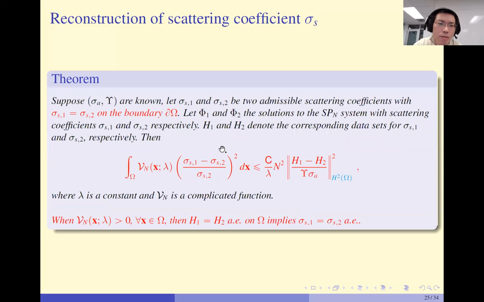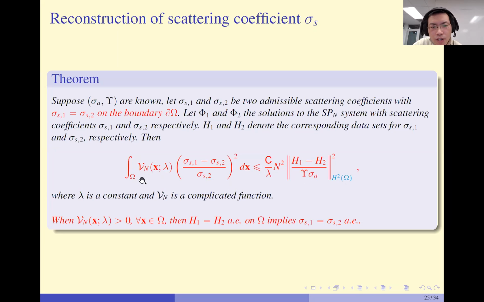And the hardest one is probably the scattering coefficient. Suppose you know the absorption coefficient and the coordination coefficient, and you have two sets of scattering coefficients, and they match on the boundary of the domain. Say they are constant on the boundary, and then you can show the following stability estimates.